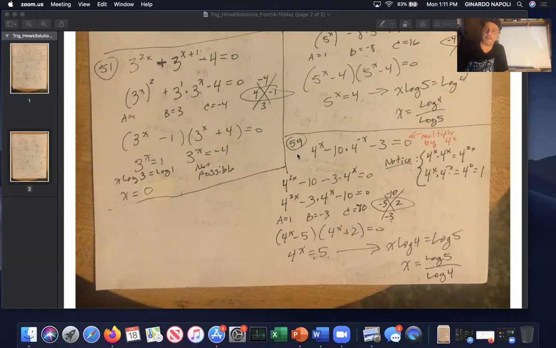So if you multiply everything here by 4 to the x, you wind up with the quadratic form. And so then rearranging to get the trinomial in the correct order, we can do the problem as before. The only solution comes from this left factor.